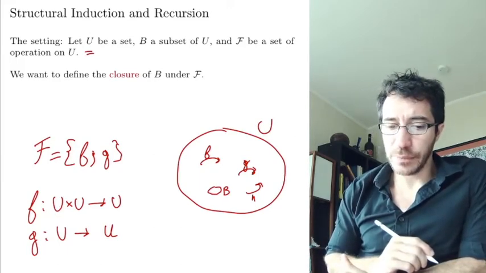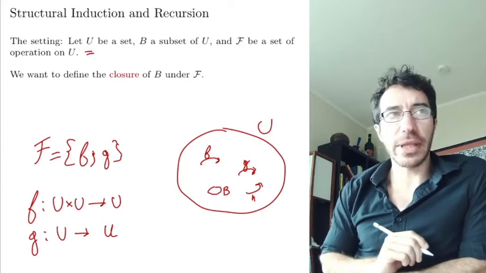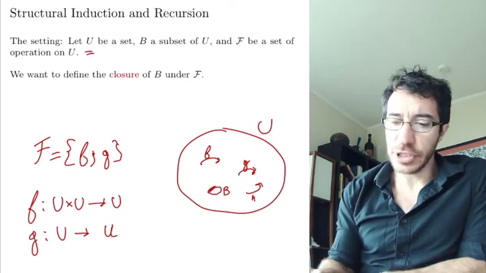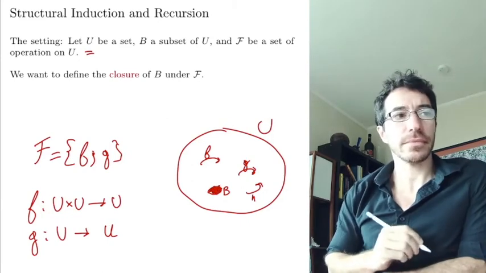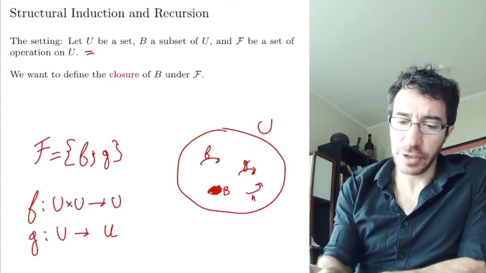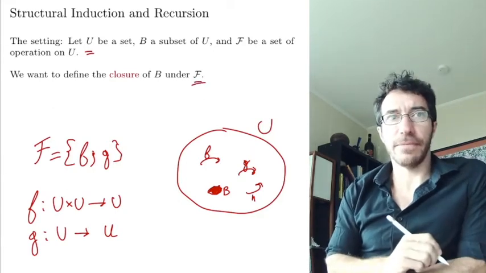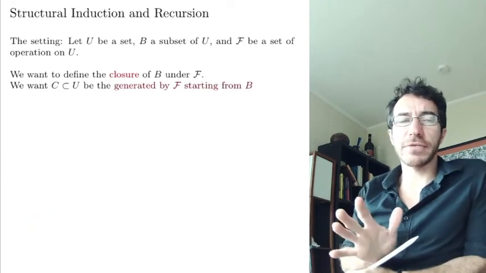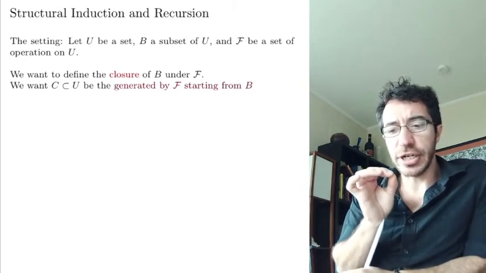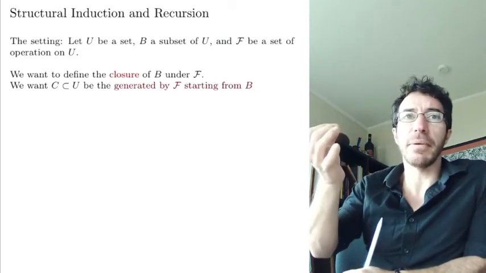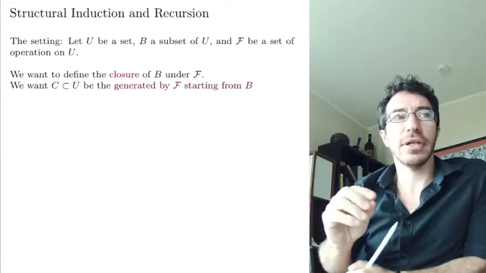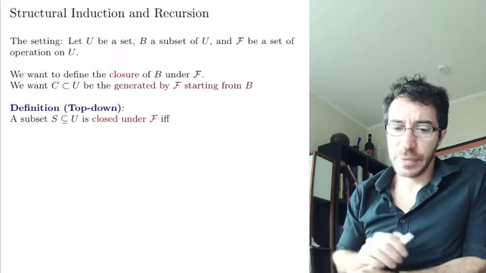And we want to define what does it mean to take the closure of this original set B and the functions that belong to this family of functions F. Another way of saying the same thing will be, we want C to be the set generated by F starting from B. Okay, so C is generated by the function inside F, starting from the set B.